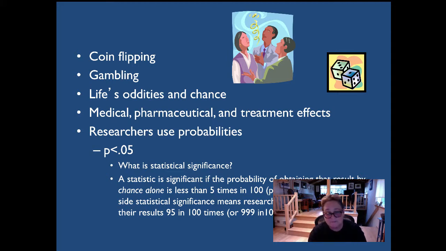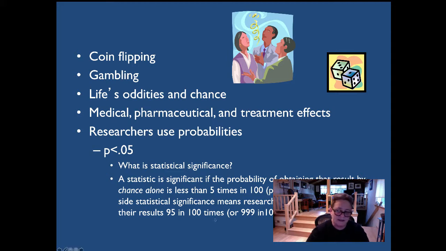So we accept that 5 times in 100 the result may be by chance alone. But if I were to do the experiment 100 times, I should expect that 95 times out of 100 I would obtain the same result again.